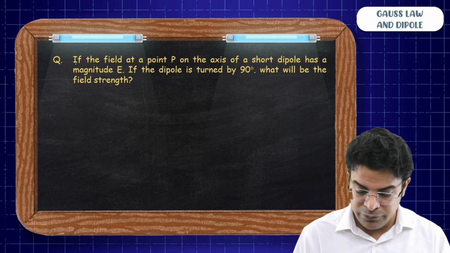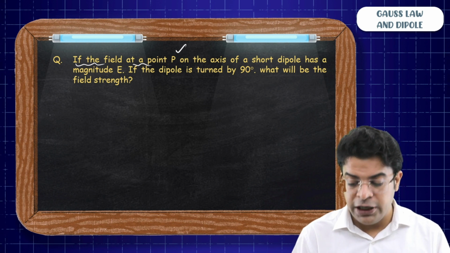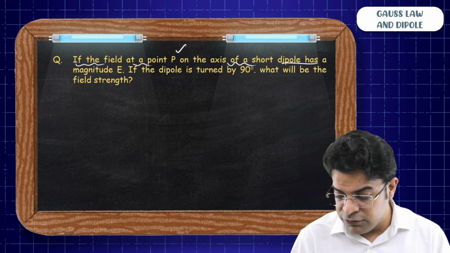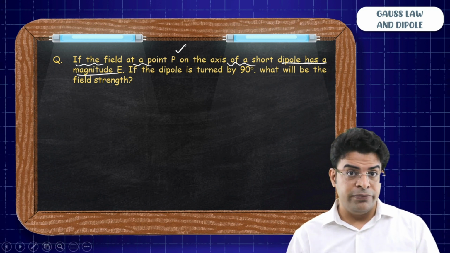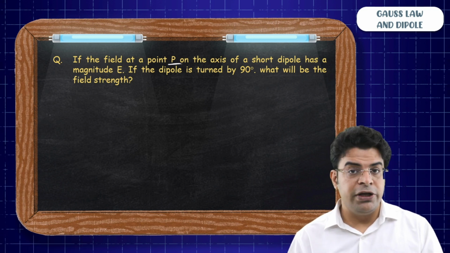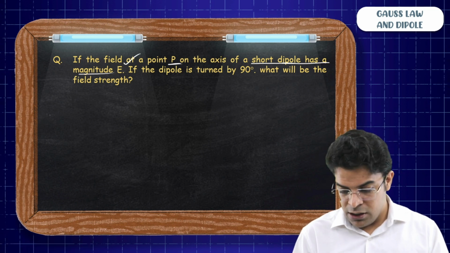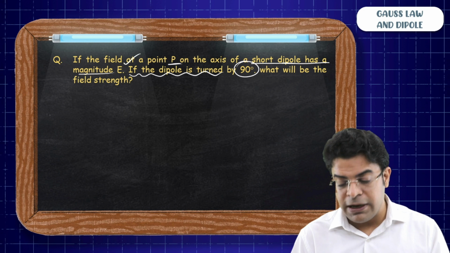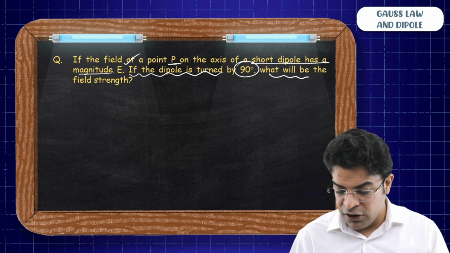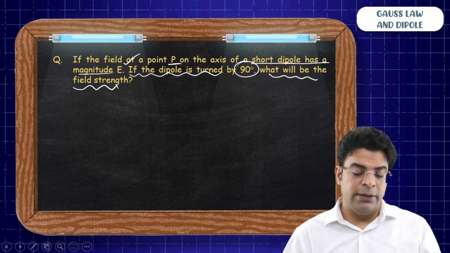So a question here. If the field at a point P on the axis of a short dipole has a magnitude E, and the dipole is turned by 90 degrees, what will be the field strength at the same point?